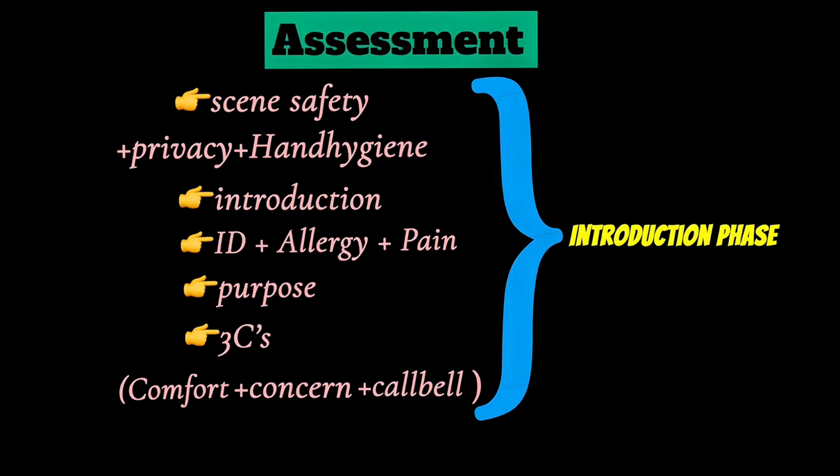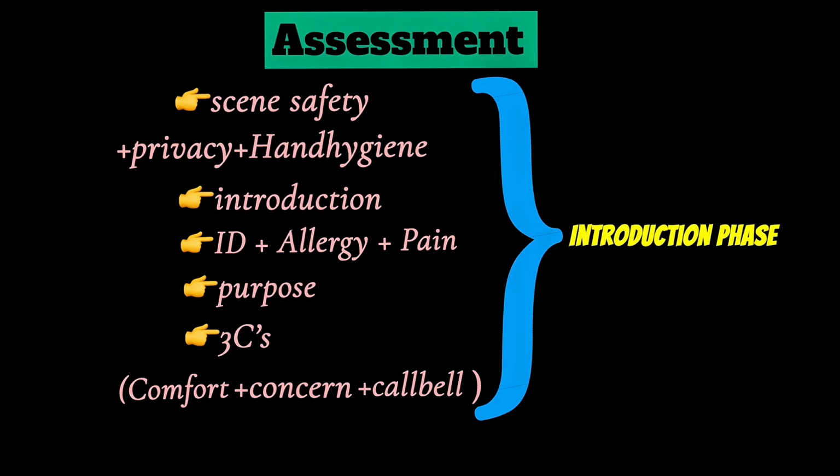After the hand hygiene, you will go to your patient. You will greet your patient and introduce yourself, like, hi John, I'm Navjot, one of the registered nurses here. So you will tell him who you are, and then you will check his ID and allergy. You will ask the patient's name and date of birth, like, what is your name, what is your date of birth.